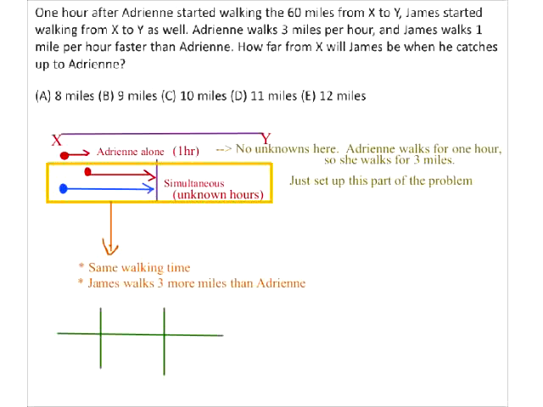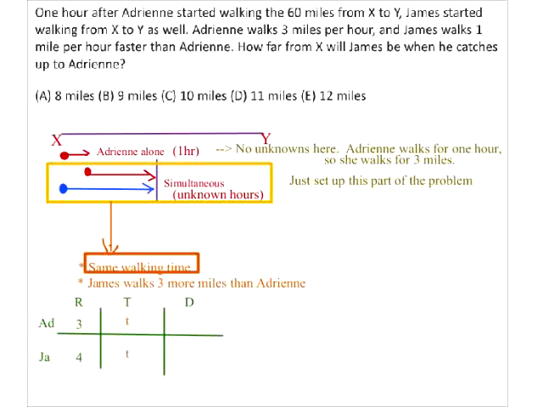This is going to be Adrian and James. And this is going to be rate, time, distance. These are still 3 and 4. But now it's the same walking time. So we can just let this be t, and so this will also be t.